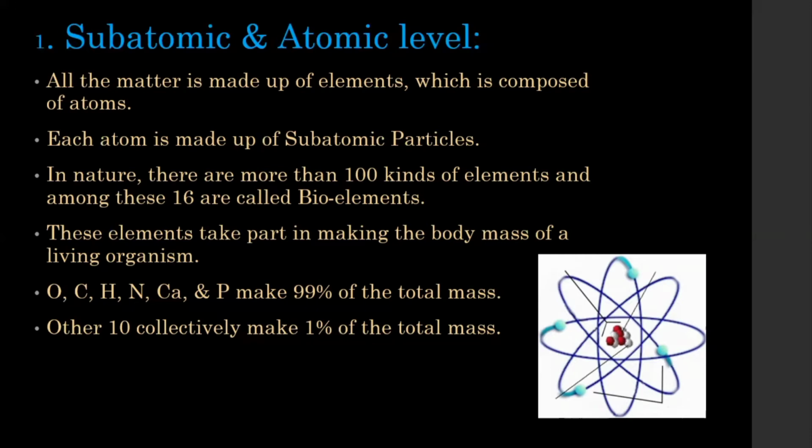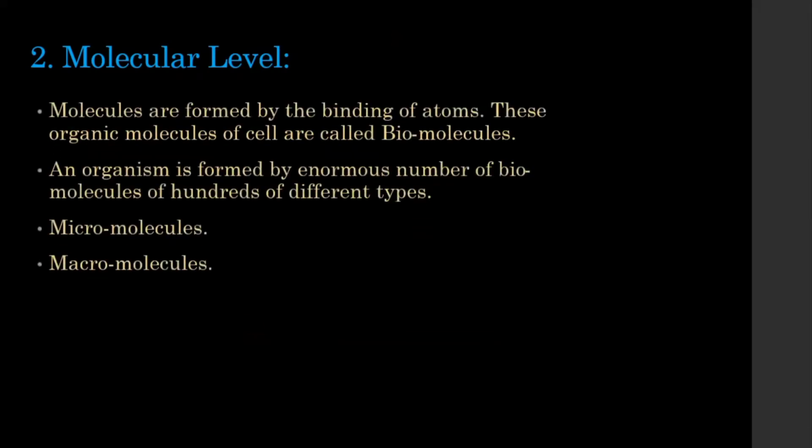Okay, now the second level is molecular level. As the name suggests, in organisms, bioelements usually do not occur in isolated forms. Rather, they combine through ionic or covalent bonding.